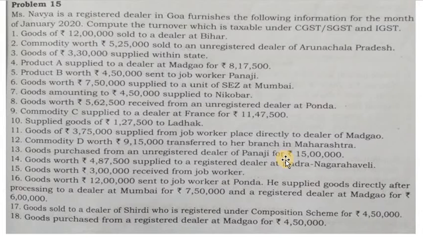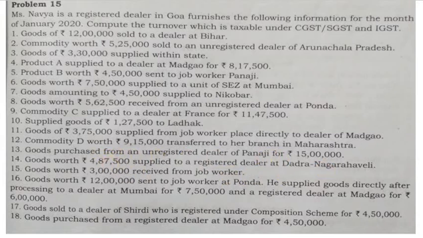So goods supplied to a dealer at Dadra and Nagar Haveli. Where is Dadra and Nagar Haveli? It is called a Union Territory. So again it becomes a transaction between two states, that is Goa and Dadra and Nagar Haveli. So it is an interstate transaction. So IGST has to be paid on this transaction sale value.